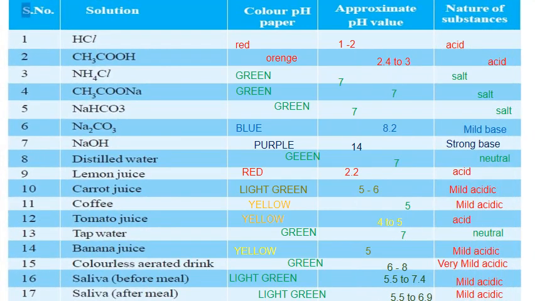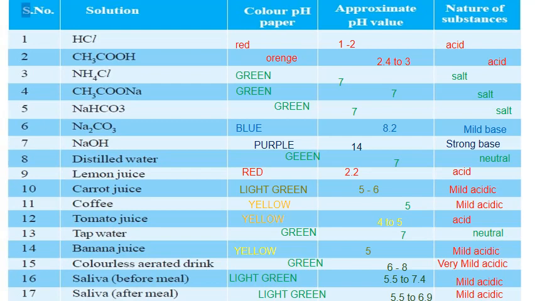Let us do an experiment with all these materials, all 17 solutions, and make a tabular form. The pH paper's color will change, giving approximate pH values depending upon the color.